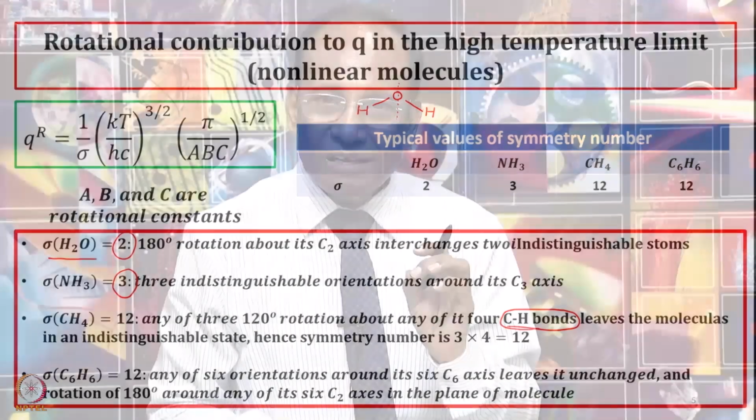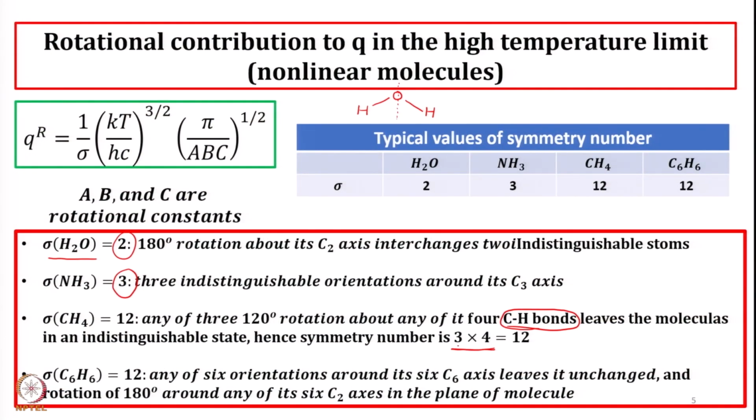But methane has 4 CH bonds, so you can choose any of the CH bonds and carry out a 120 degree rotation. Each rotation will leave the molecule in an indistinguishable form. Therefore, the symmetry number in this case is going to be 3 into 4, where 3 comes from each 120 degree rotation and 4 comes from the 4 CH bonds. The symmetry number becomes 12.